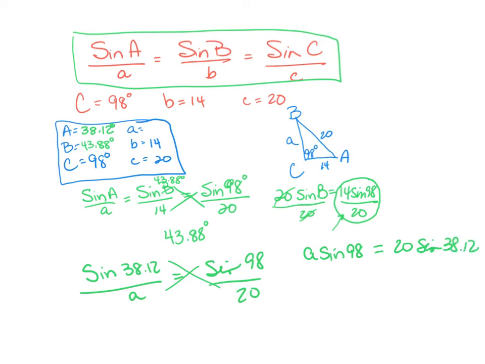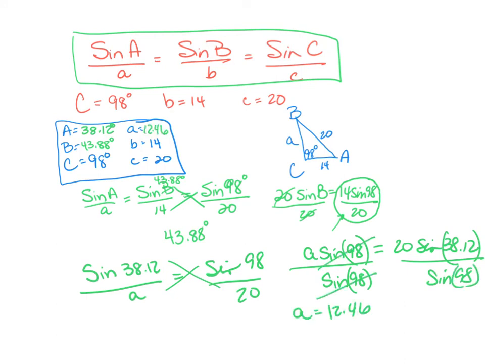Remember, put the lonely number in the front so that we don't have a problem when we do this. And to leave the a alone, we have to divide by sine of 98. And that should get us little a. So go ahead and do that to tell me what little a is. So when we put that in our calculators, we get 12.46.